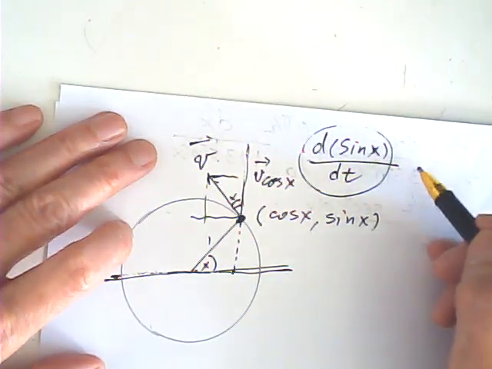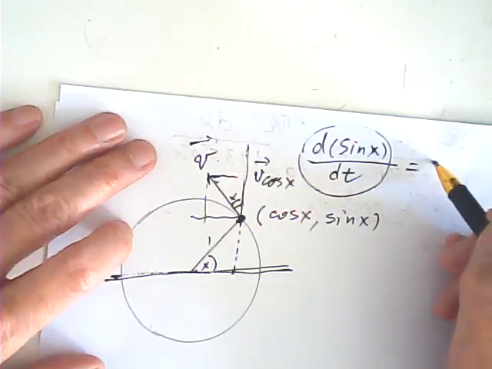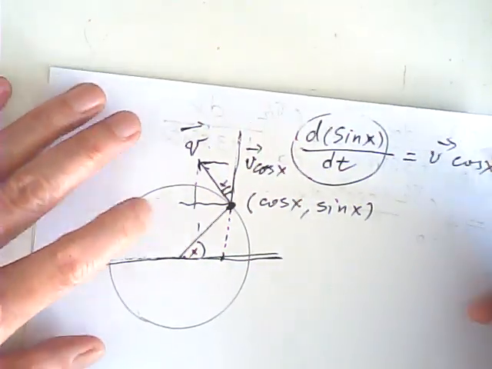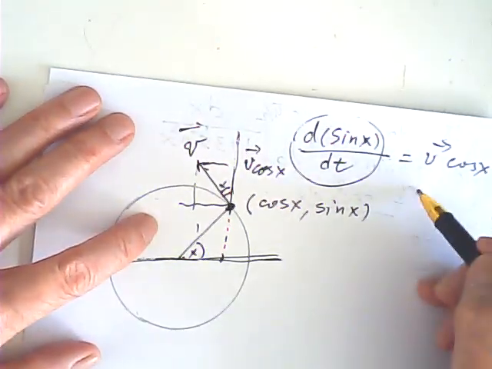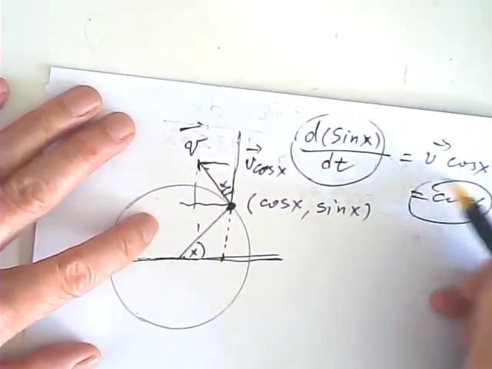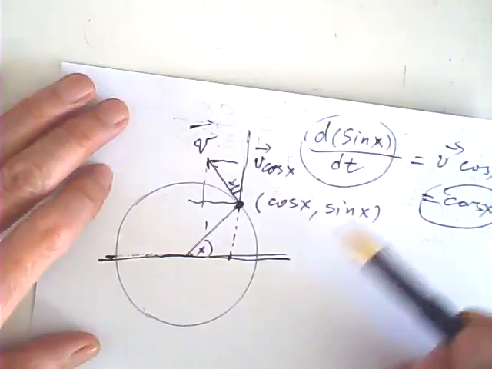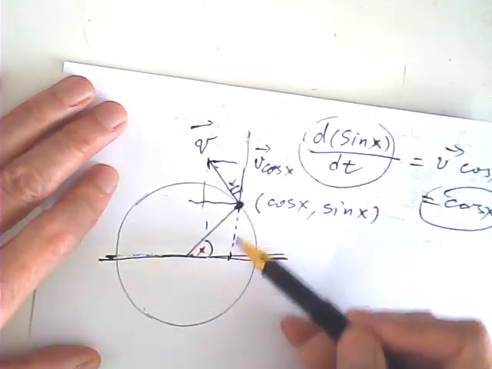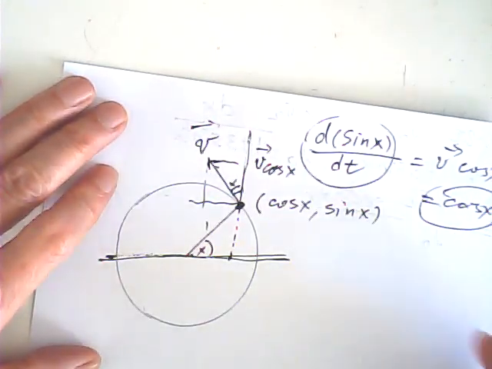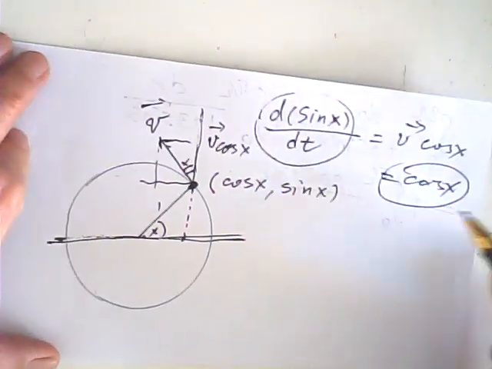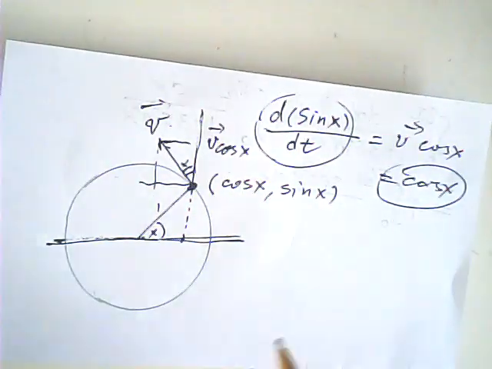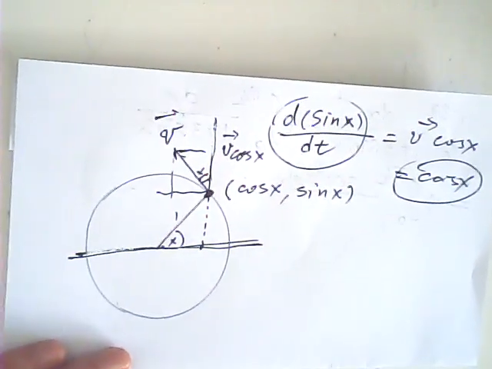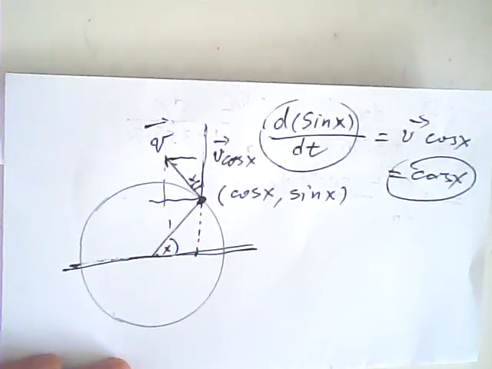So that is equal to v times cosine x. Since v is 1, uniform, it is equal to cosine x. In other words, the speed of the particle in the vertical direction is cosine x. Well, that's a proof. It's physics. It's a nice proof.